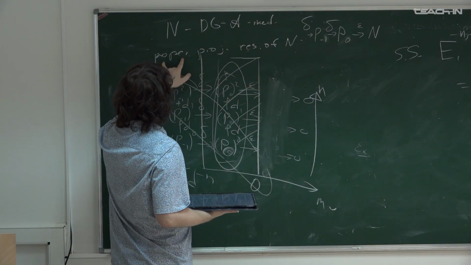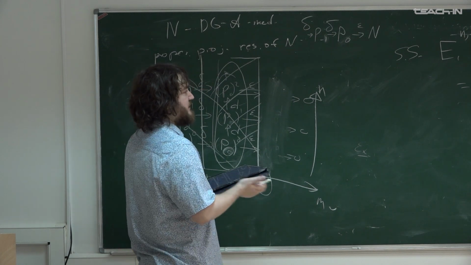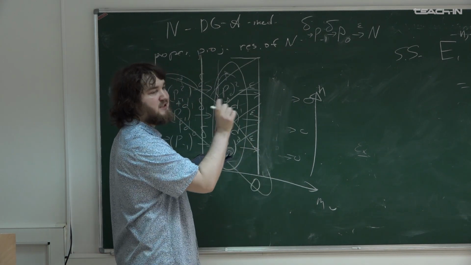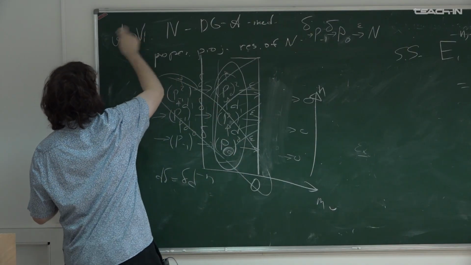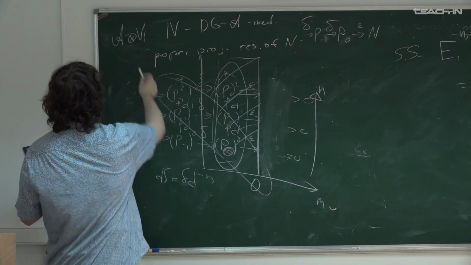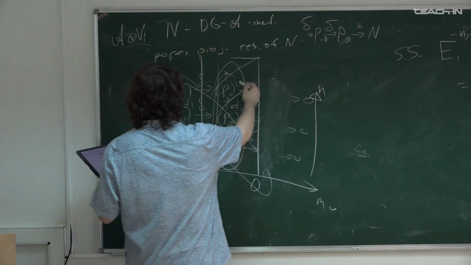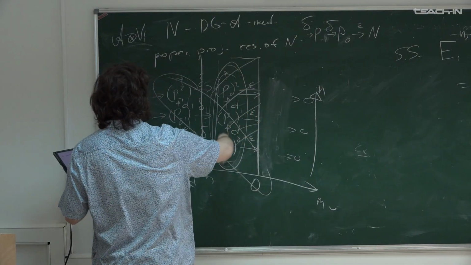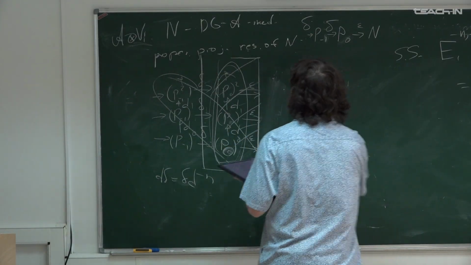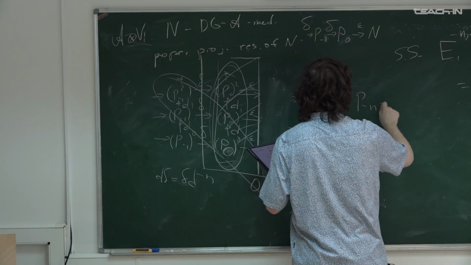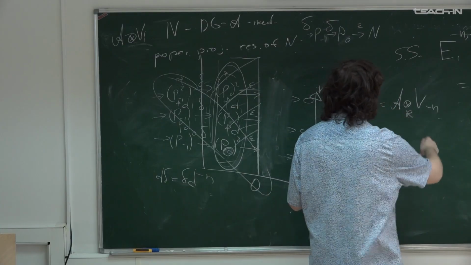If we take the resolution by our construction, by extended proper projectives of this form, where V_i is the splitting, then P minus n is A tensor over R V minus n, where V minus n is the R splitting.